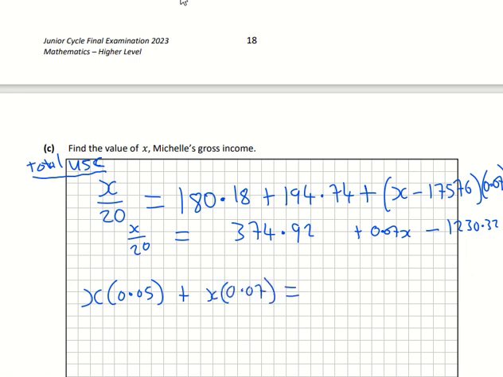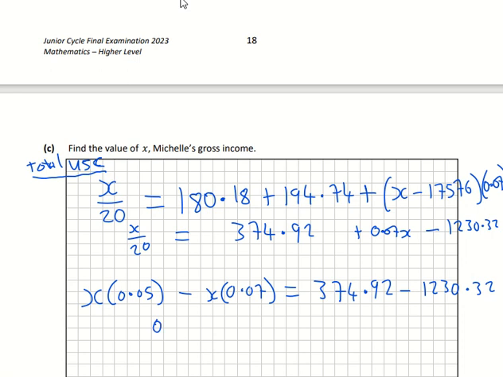Bringing over the 0.07X, you should subtract it on that side. That's equal to 37,492 minus 1,230.32.